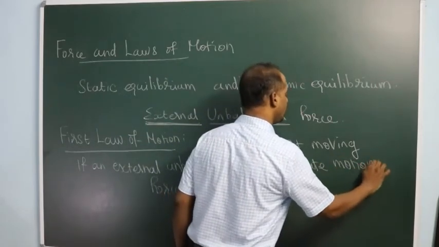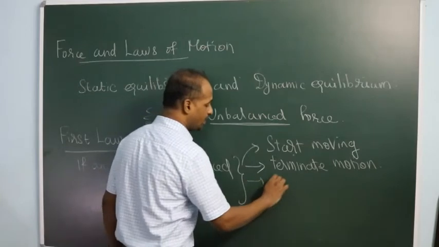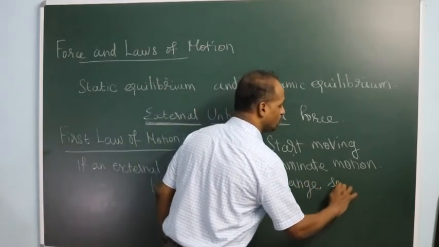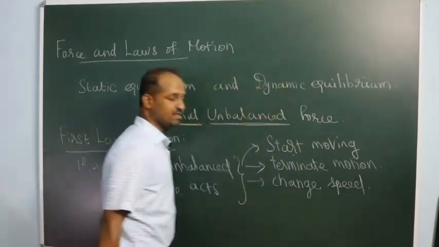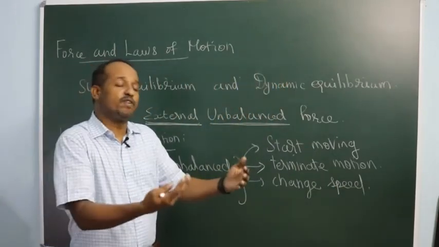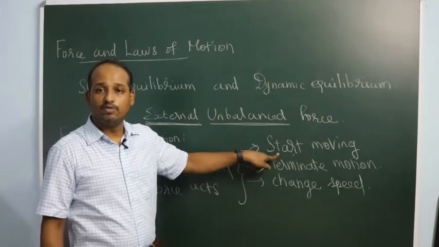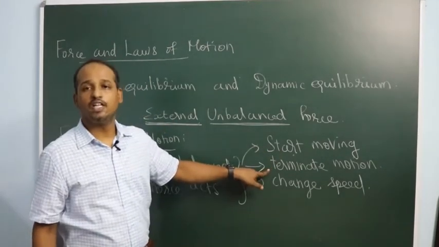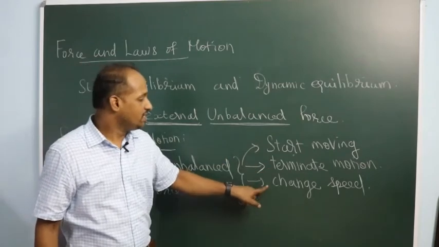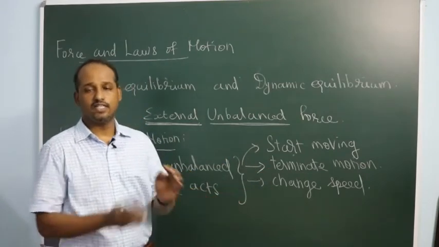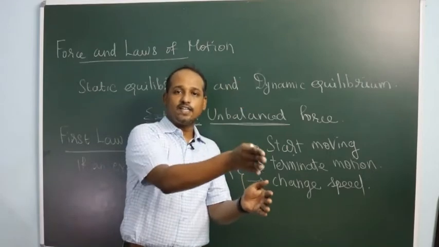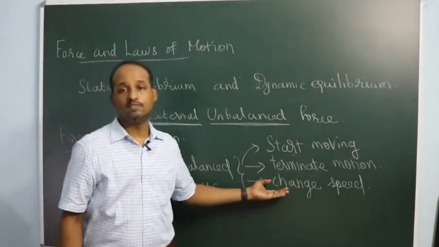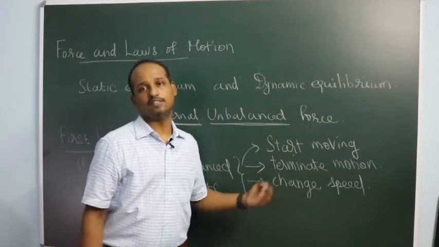It can initiate or terminate motion, and it can also change the speed. Changing the speed means it can increase or decrease the speed. Increasing the speed from 0 is making the object move. Decreasing the speed to 0 is bringing the object to rest. Change in speed means if an external unbalanced force acts on the object, it may increase or decrease the speed.